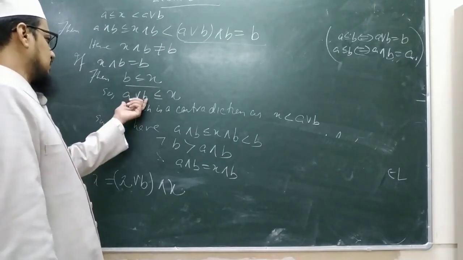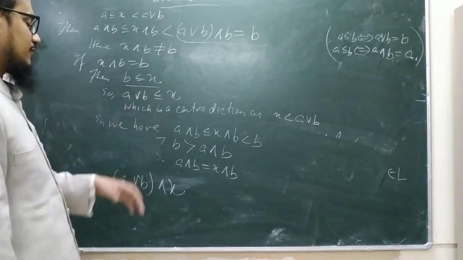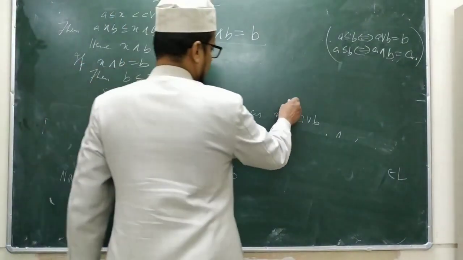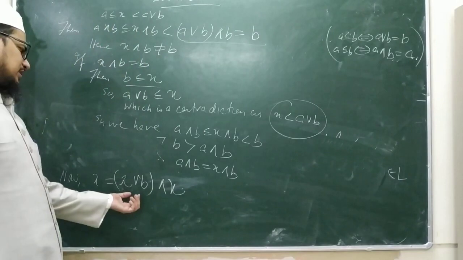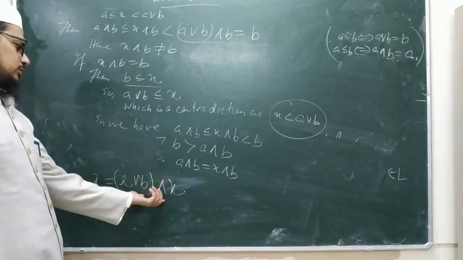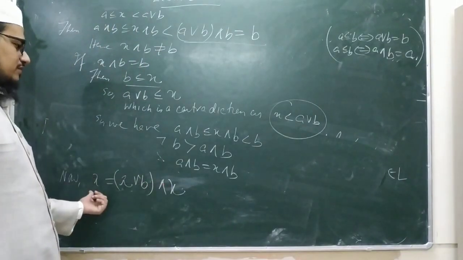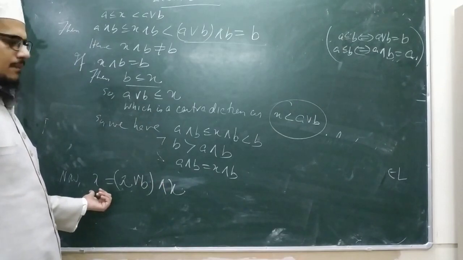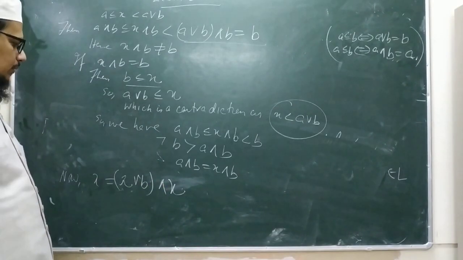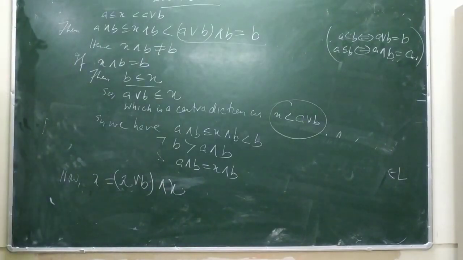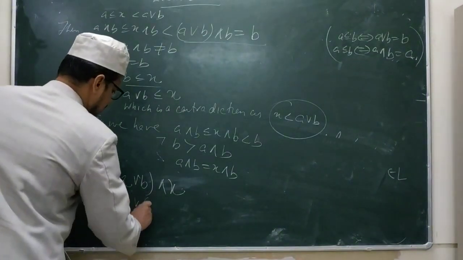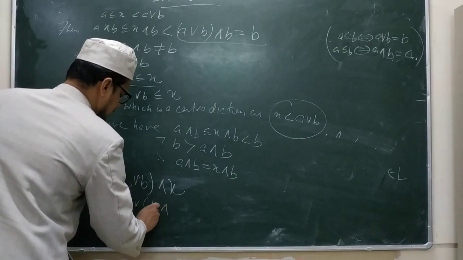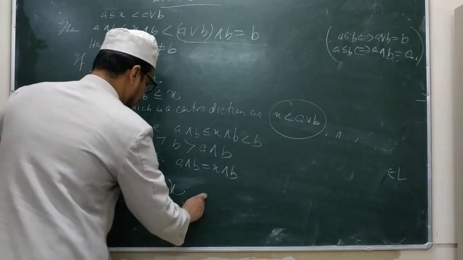We have X strictly less than A join B, so of course when we take the meet of A join B with X, X will come, obviously, correct? So in this way we can write A join B meet X.